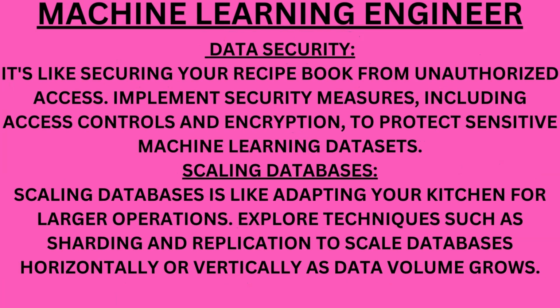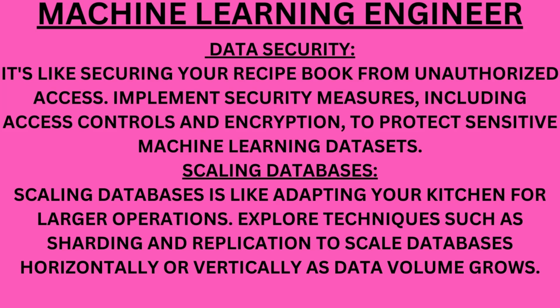Data security. It's like securing your recipe book from unauthorized access. Implement security measures, including access controls and encryption, to protect sensitive machine learning datasets. Scaling databases. Scaling databases is like adapting your kitchen for larger operations.